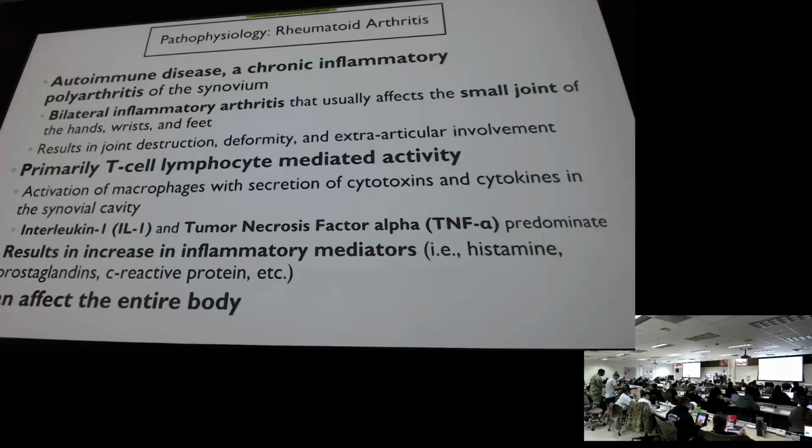With that autoimmune response, you just have increased inflammatory mediators, the histamine, the prostaglandins, C-reactive protein, and so all of the medications we're going to talk about that are specifically slowing the progression of RA joint destruction are acting somewhere in that immune response to decrease those inflammatory markers that the autoimmune process causes.